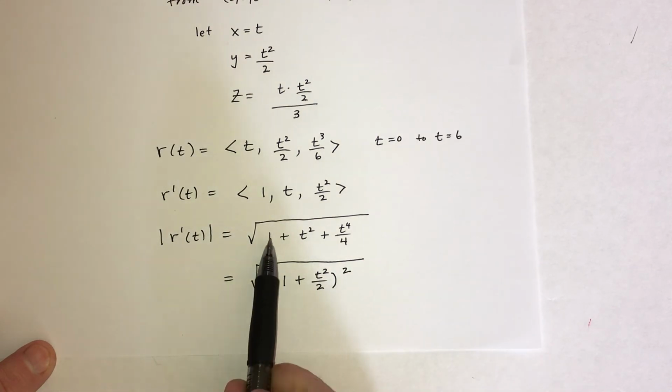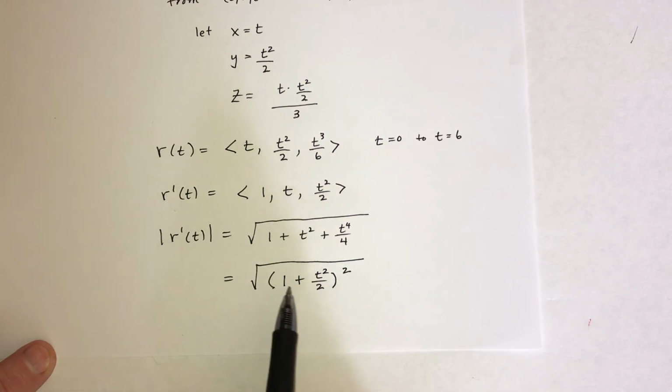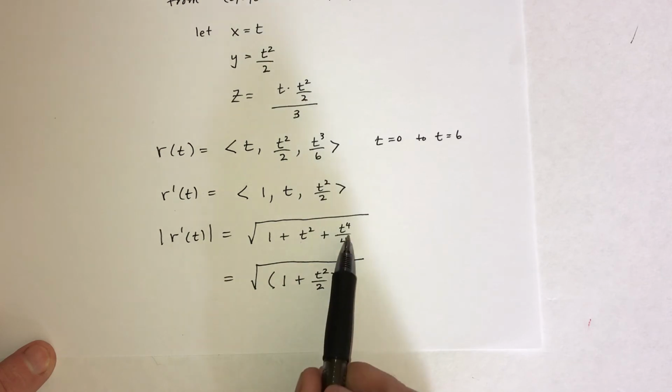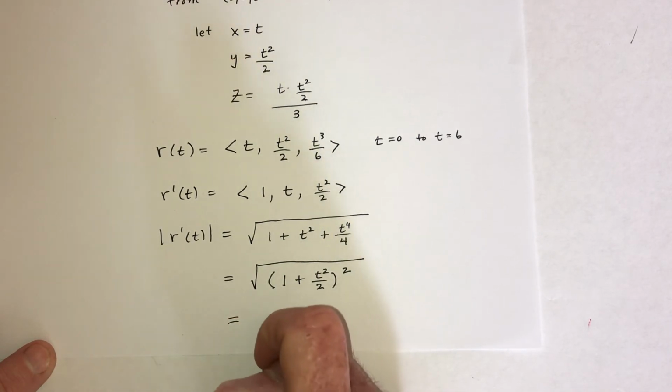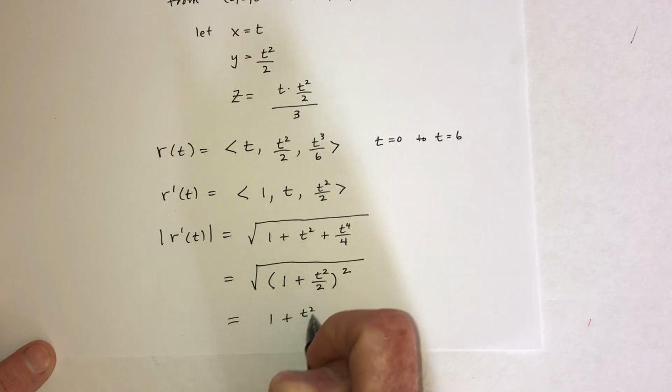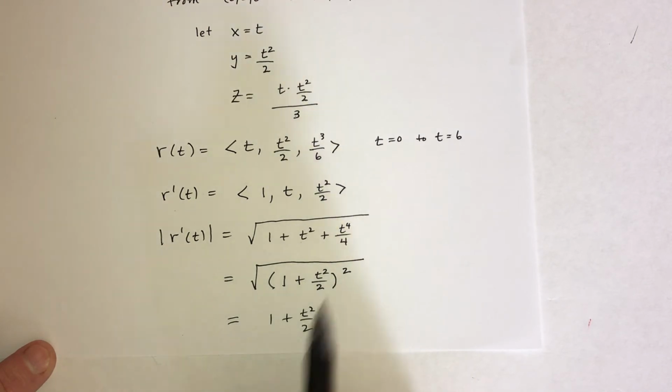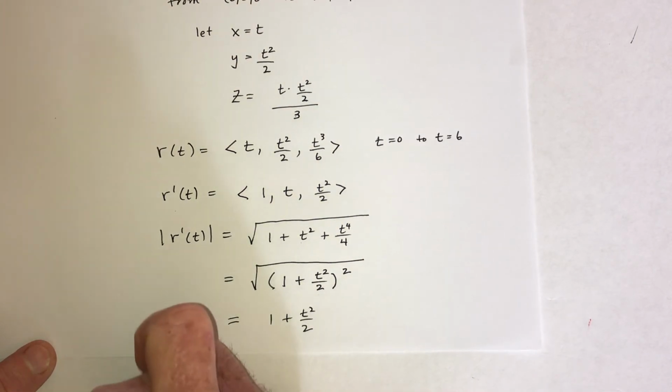So square 1, that's right. The middle term would be this times this, and you double it, which is that. And when you square this, it gives you t to the 4th over 4. So that means that it simplifies to just be 1 plus t squared over 2, because the square root and the square will cancel each other out.